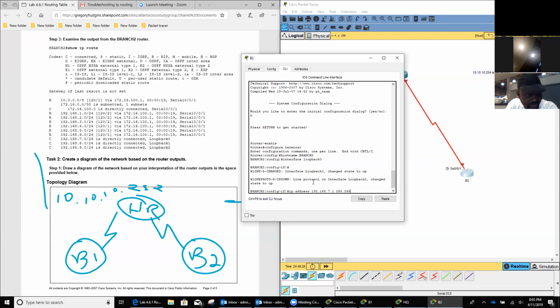We got two slash... no, wait a minute. Which one are we using? Is it /8? Nah, it's /24. Oh, okay. I still haven't grasped that all the way yet.